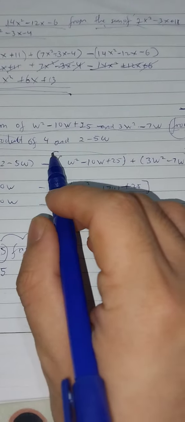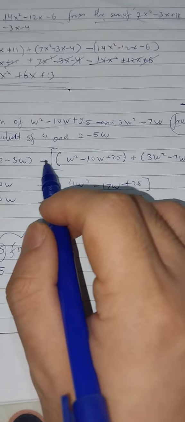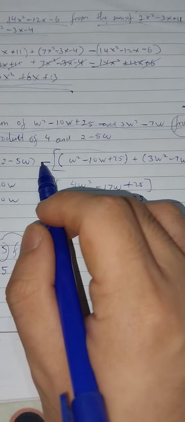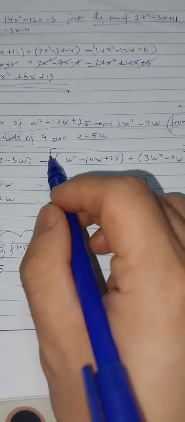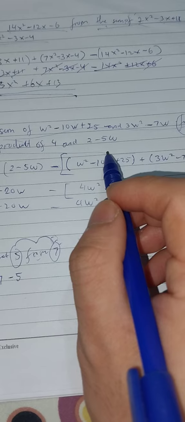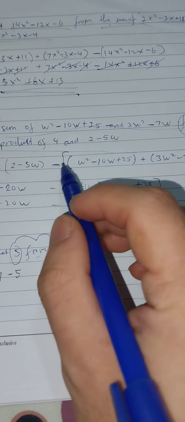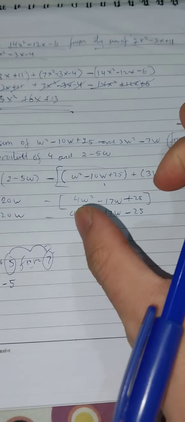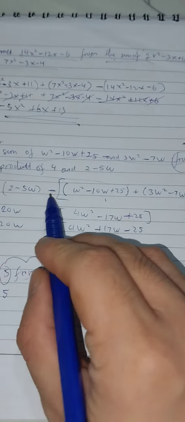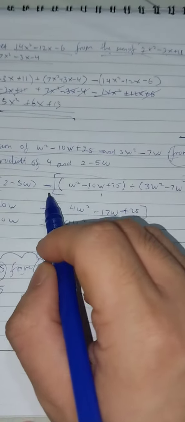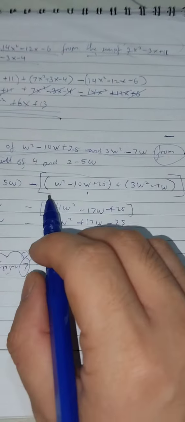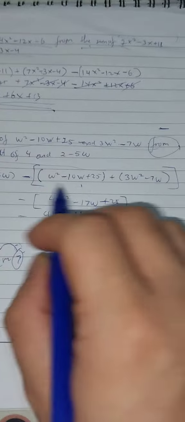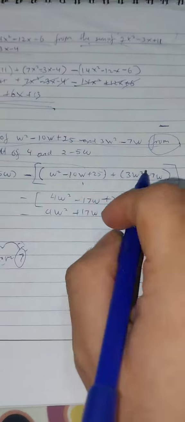Because if I don't put another bracket here, that will mean the negative and the minus only work for this one. That will mean only minus this, while the correct one is we need to minus both of them. So the bracket here indicates that we need to solve the inside of these two first.